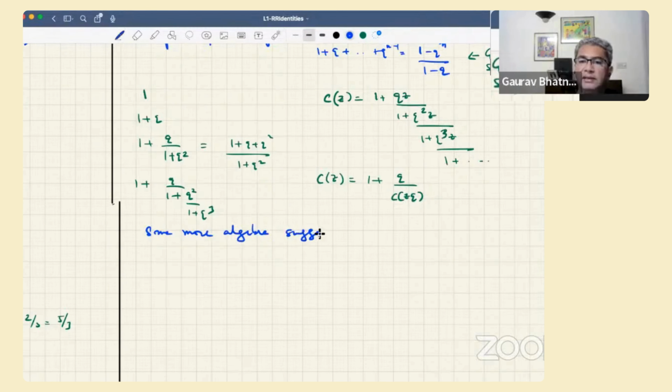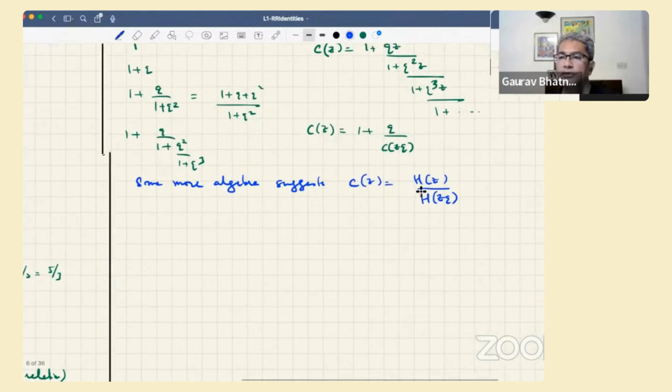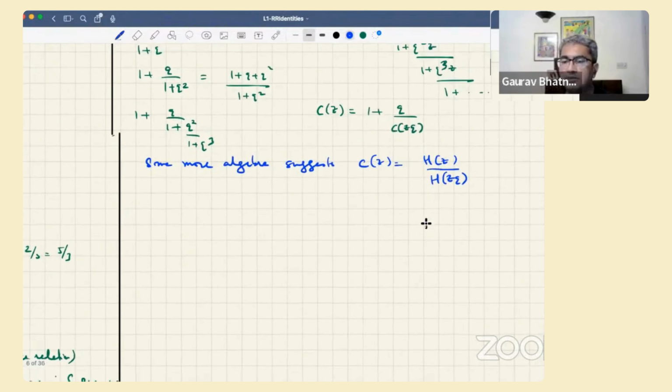Some more experimentation suggests that I substitute C of z equal to h of z over h of zq.